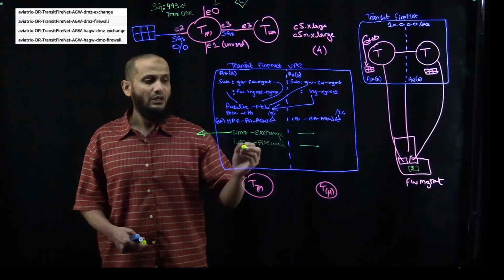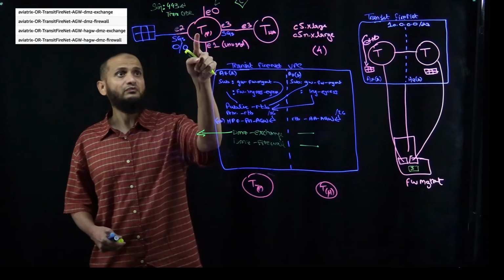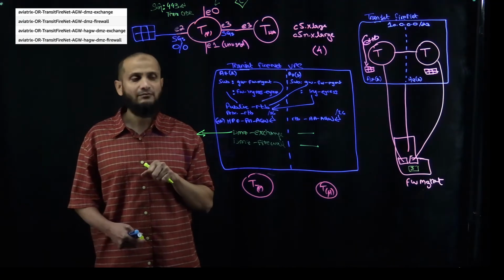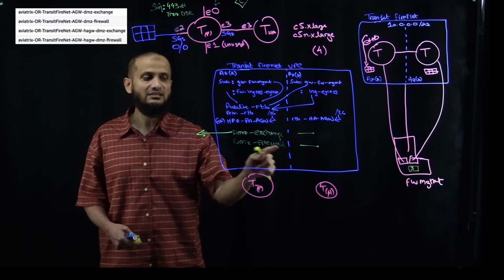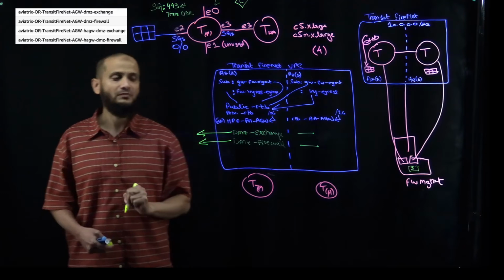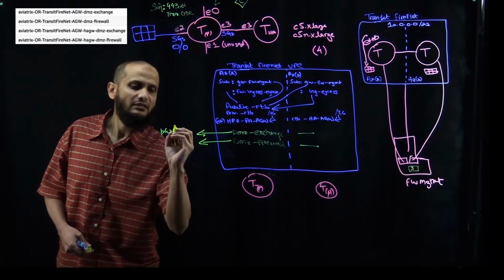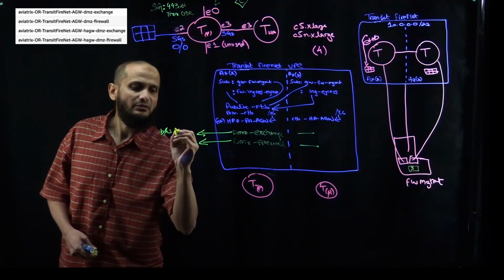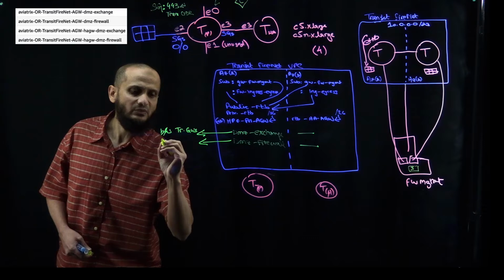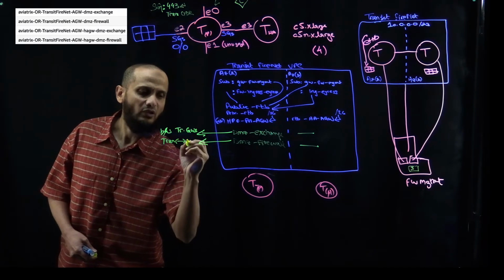And when Aviatrix Transit FireNet gateways need to send the traffic over to the firewall, at that point we are going to use this DMZ firewall subnet. Okay, so this is between the transit gateways, and this is between the transit and firewalls.